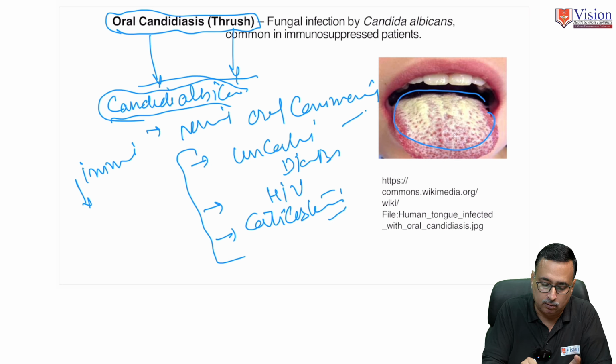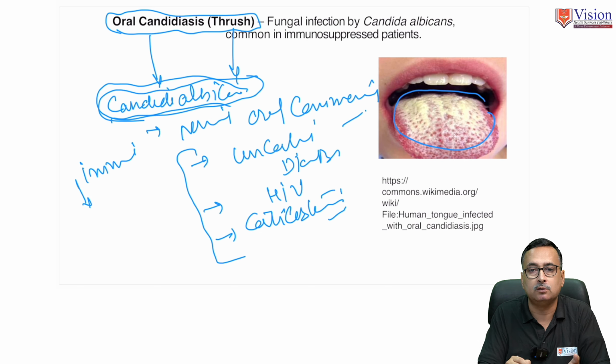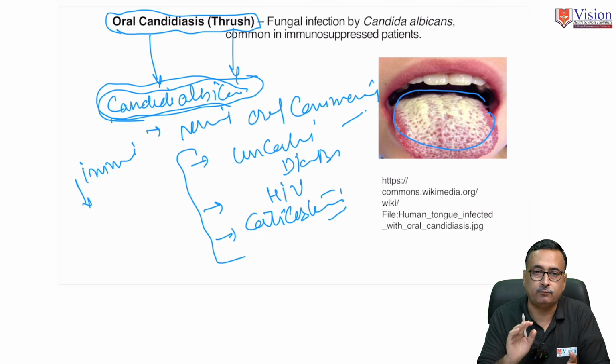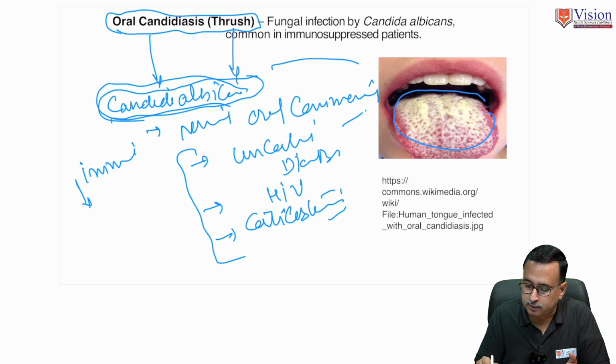These facultative organisms, commensals which are otherwise normal to the body and don't produce any clinical manifestation, find an opportunity and clinically manifest in terms of this sort of lesion.